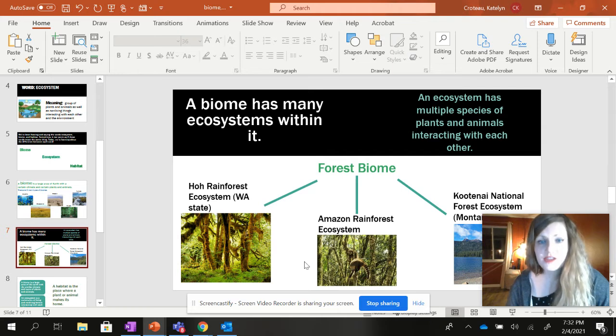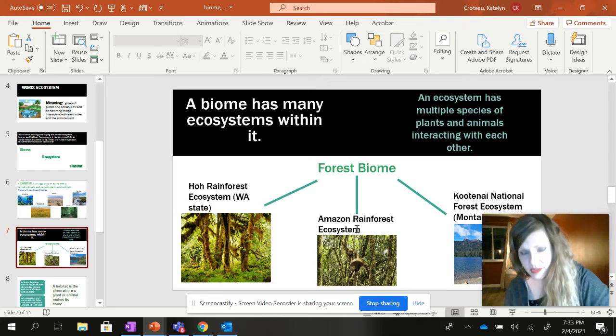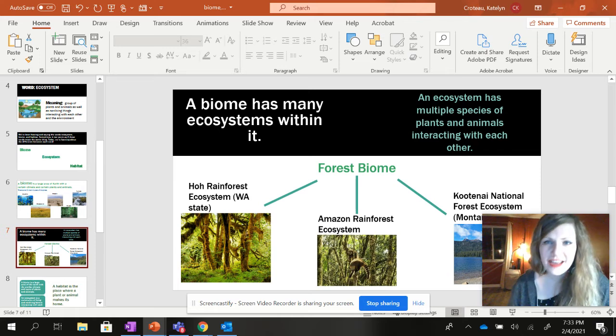Each of these are examples of a forest biome. There are many, many different biomes that are considered forest biomes. The Hoh rainforest is one specific ecosystem that is different from this ecosystem, even though they are both forest biomes. Tricky, I know.